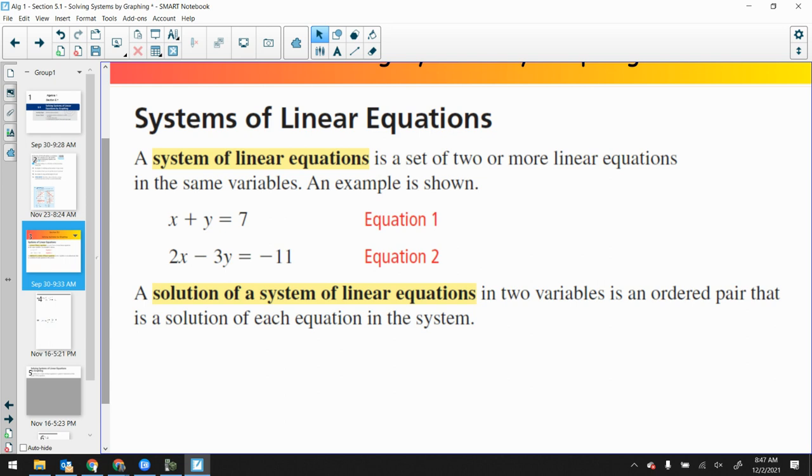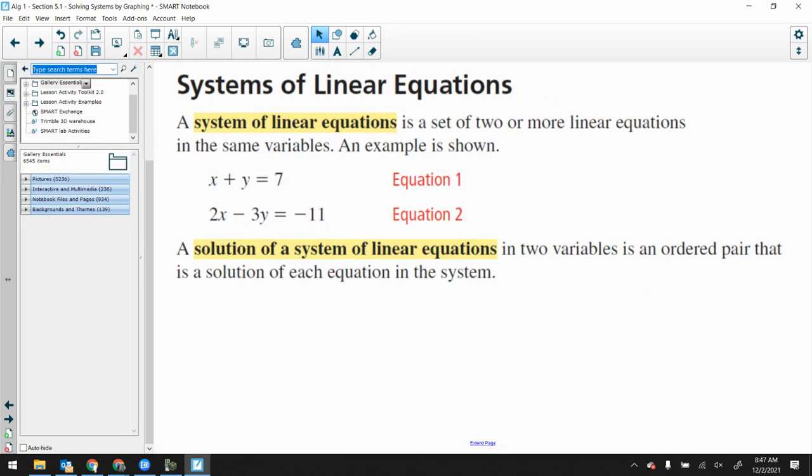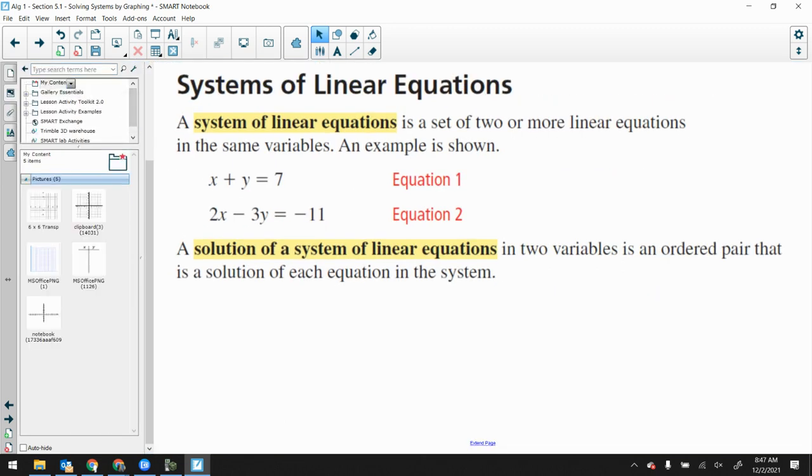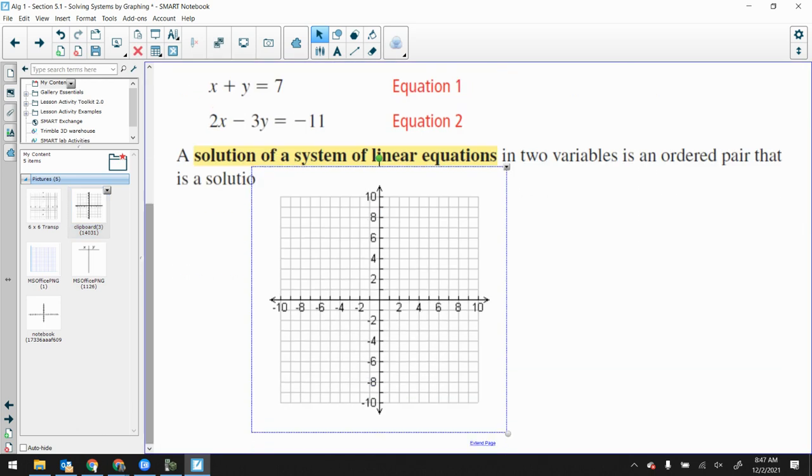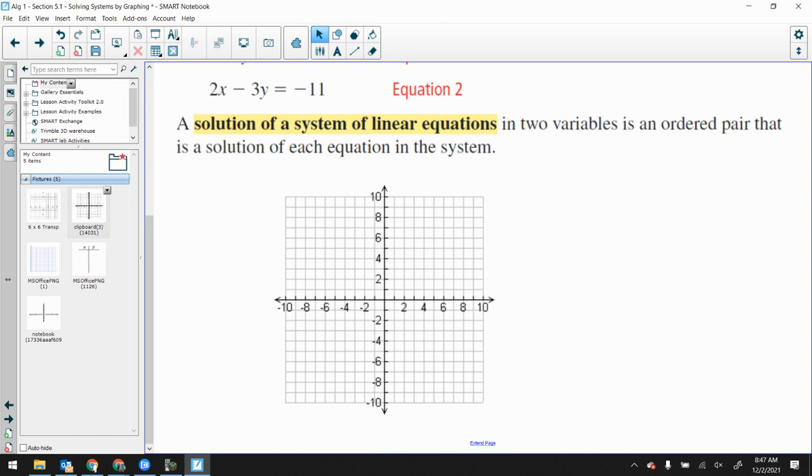A visual representation of what I'm talking about: if I've got a graph, let me bring up a graph real quick. If I've got this graph here, a system of equations would just look like this. I've got one line, and I've got another line. That is a system of equations.